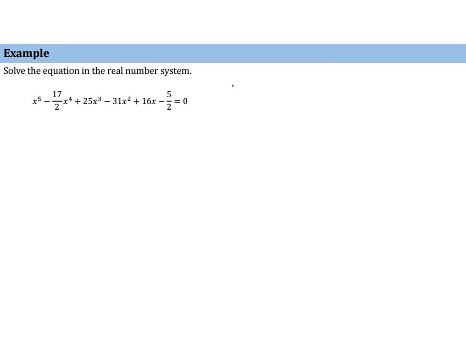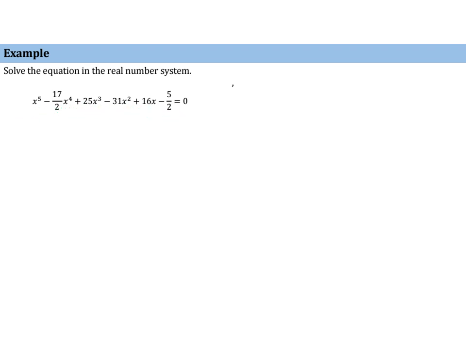So solving this equation is much like what we've been doing. The first thing that we need to do, though, is we want integer coefficients. Right now we have some fractions in the mix. So let's multiply everything by 2 and clear the fractions. I can do that because this is an equation. So I'll multiply the left side by 2 and the right side by 2.